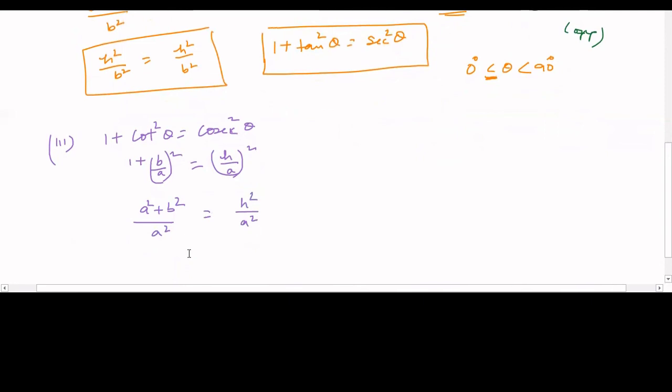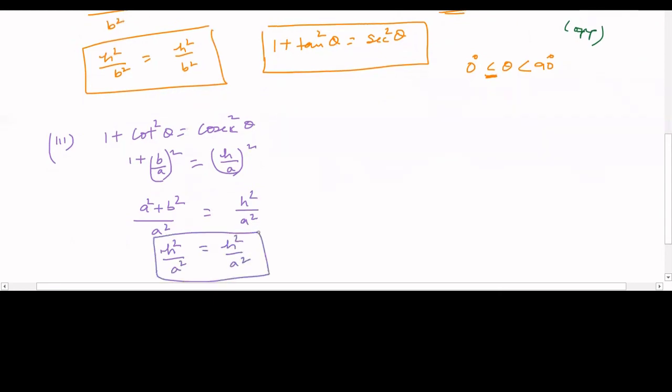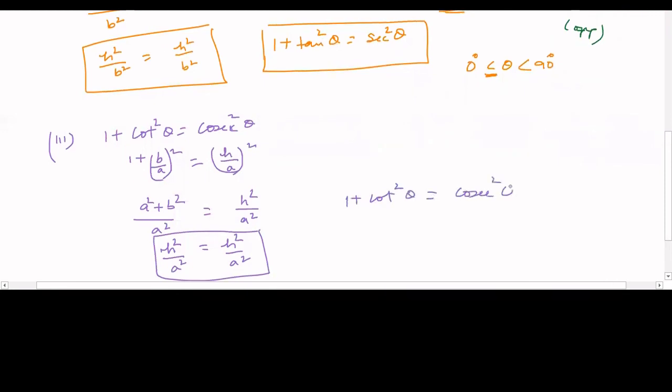A squared plus B squared, again from the Pythagoras theorem, is H squared, over A squared, which equals its RHS. So again, this relation 1 plus cot squared theta equals cosec squared theta is true for all the values of theta except at 0. Why?